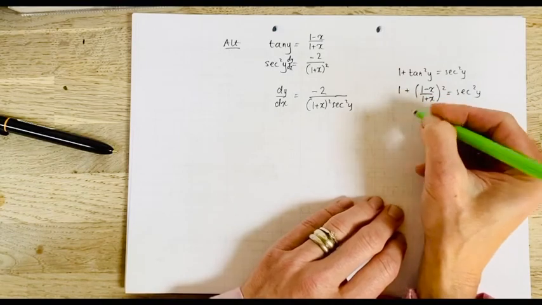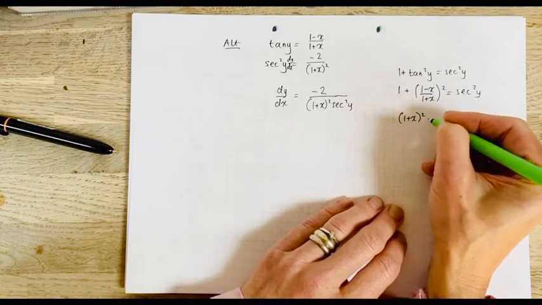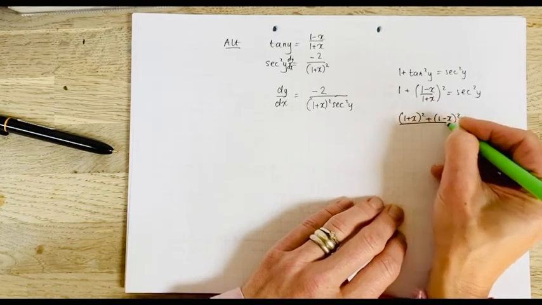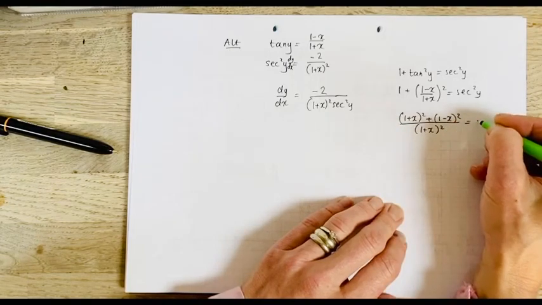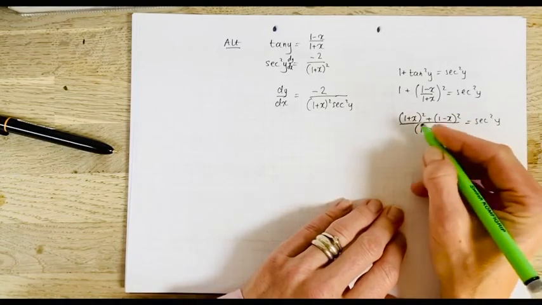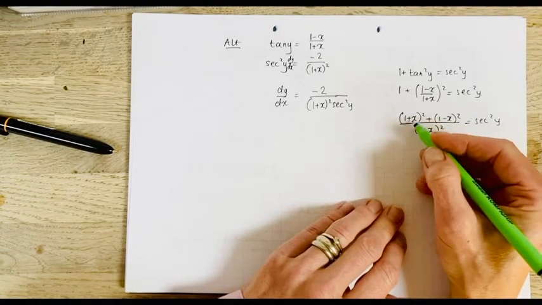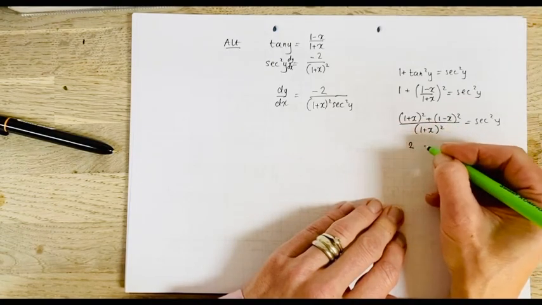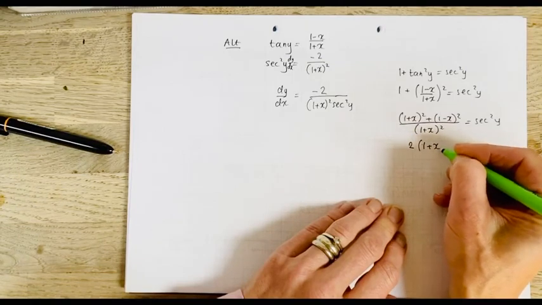I can bring it to the common denominator, so I've got 1 plus x squared plus 1 minus x squared over 1 plus x squared. That's what our sec squared is. And I've actually done that before. We've expanded it. The 2x from this expansion and minus 2x will cancel, and we're left with 2. And then you've got 1 plus x squared.